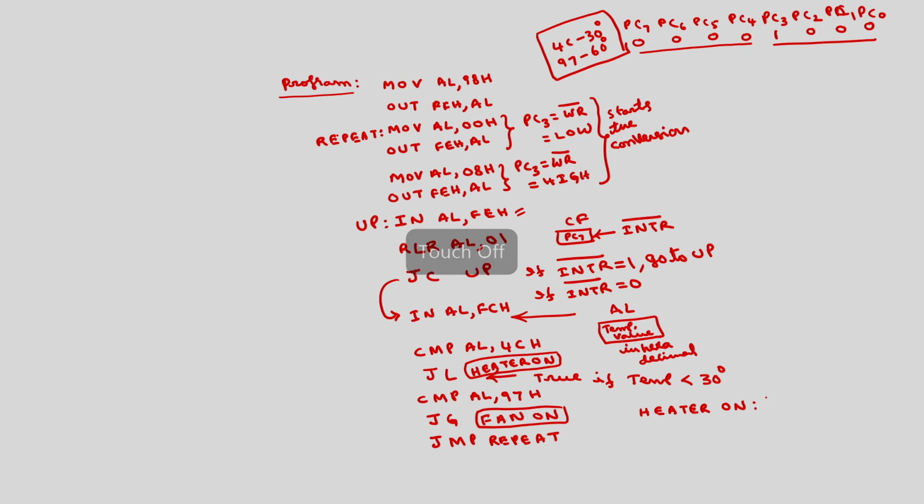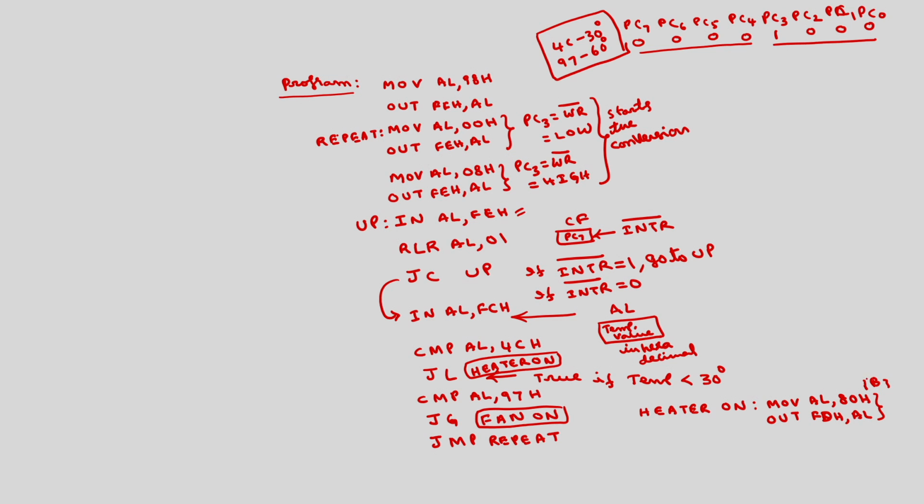To make PB7 as 1, move AL comma 80H, you have to output onto port B, FDH, out FDH comma AL. So, this will make PB7 as 1, which is connected to the heater.